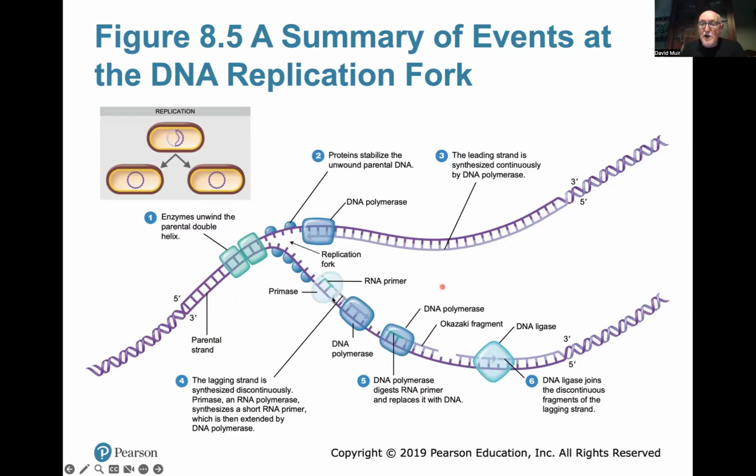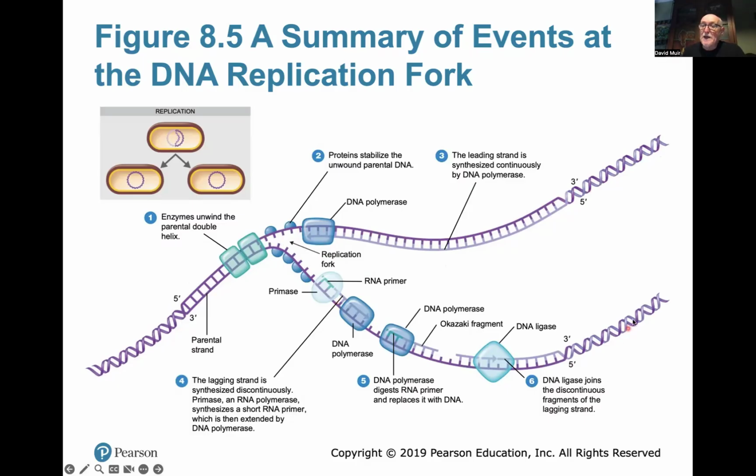Now, the other strand is a little bit more complicated because on this leading strand, you only have to put down one RNA primer, and then the strand is built in the same direction as the DNA strand is being opened. This can run for hundreds of thousands of bases.